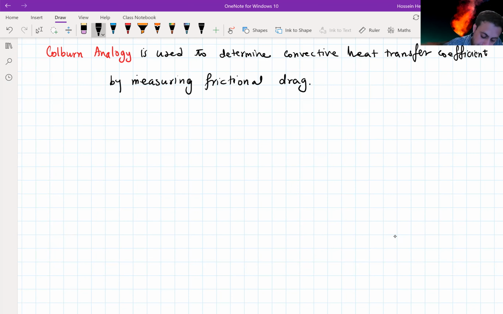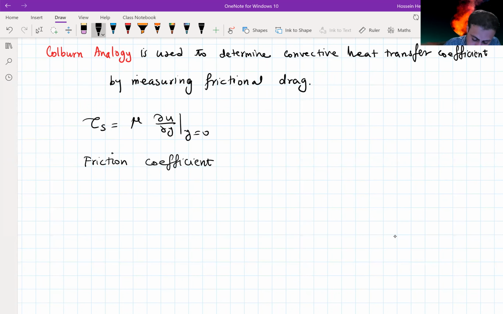Remember, for the wall shear stress, tau S is mu du over dy at y equal to 0. And then we're defining this friction or drag coefficient, Cf of x, which is tau S over 1/2 density u infinity squared.